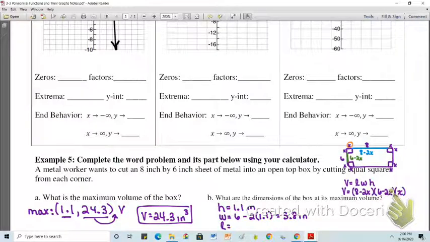And my length is 8 minus 2 times 1.1, which is 5.8 inches. And there are the 3 dimensions.